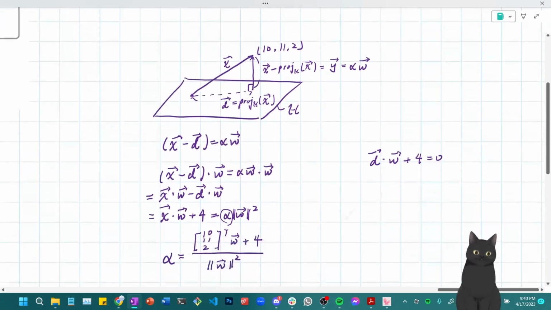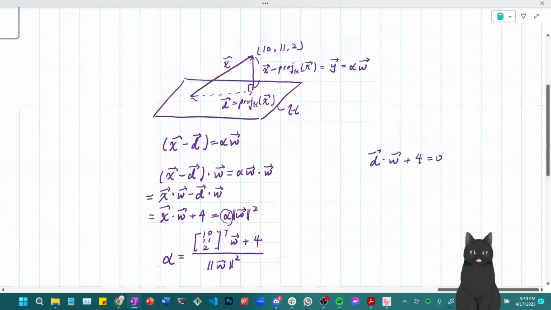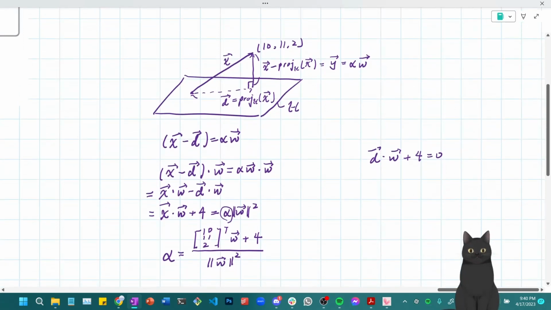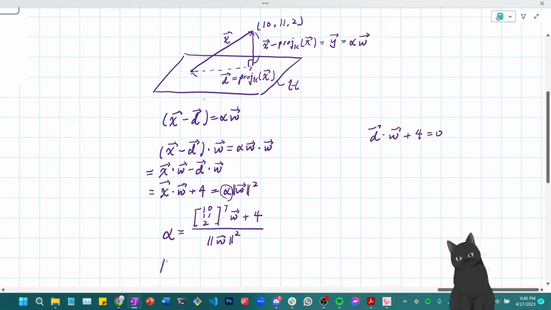So now keep in mind that alpha is the coefficient here of w, such that alpha w is the difference between x and its projection, so y is equal to alpha w. So we're actually trying to find the magnitude of alpha w in this question.